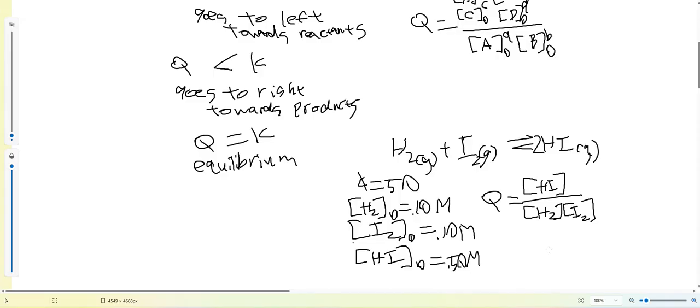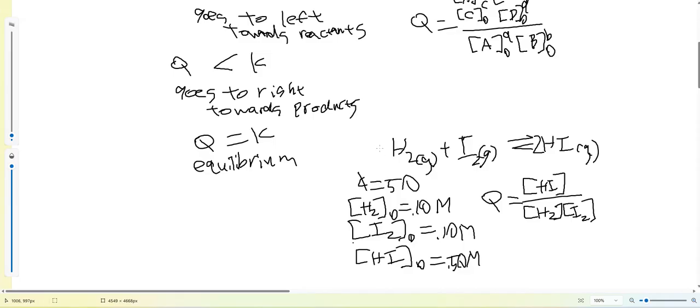But for certain purposes, you can actually treat gas as if it were a concentration. Most notably, if it's in a 1 liter container, because that's literally moles over liters. Now remember, C to the C times D to the D over A to the A times B to the B.